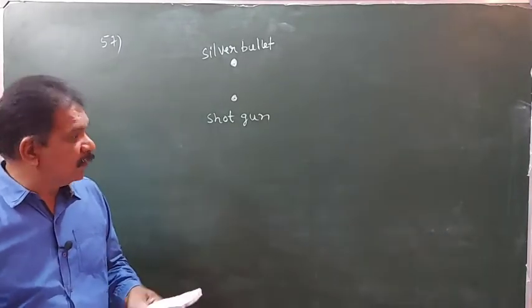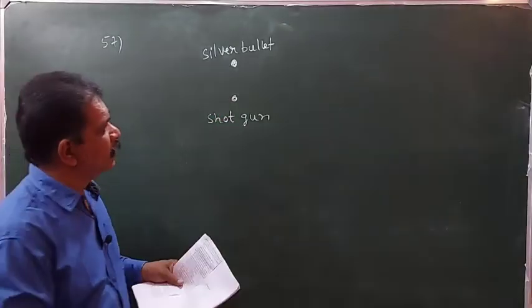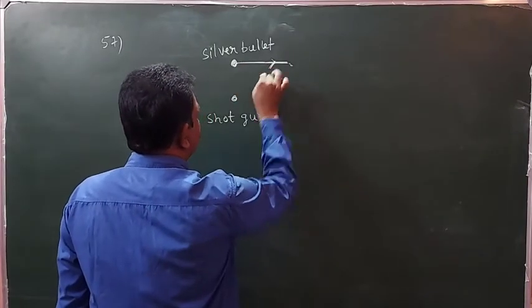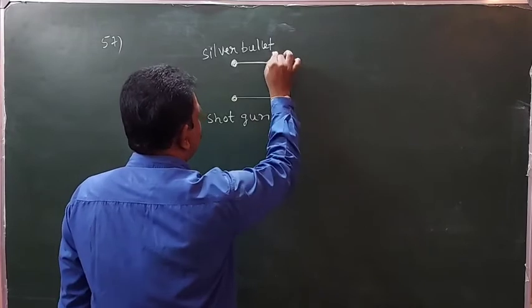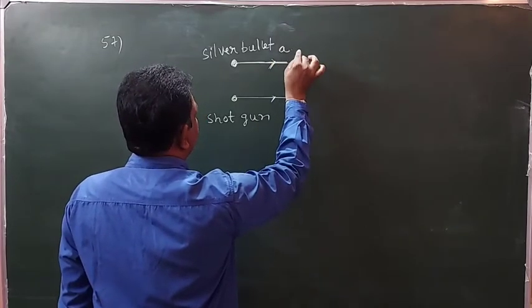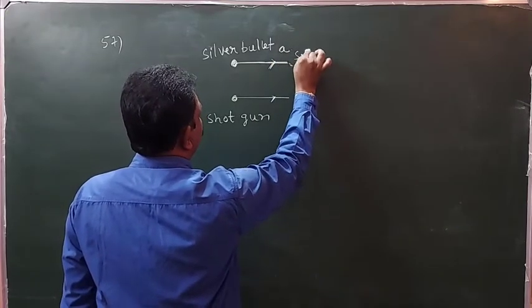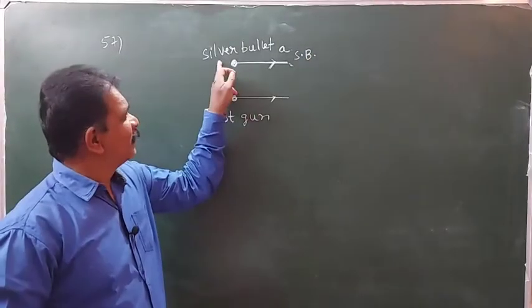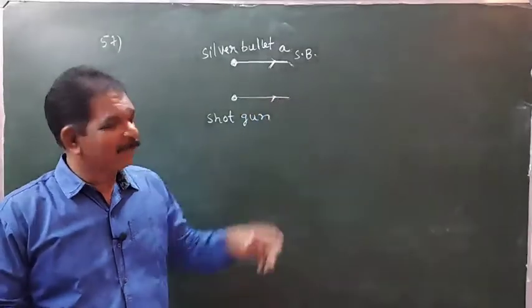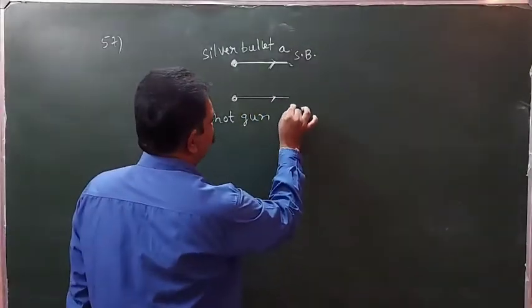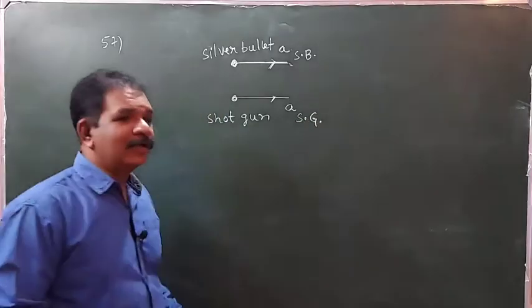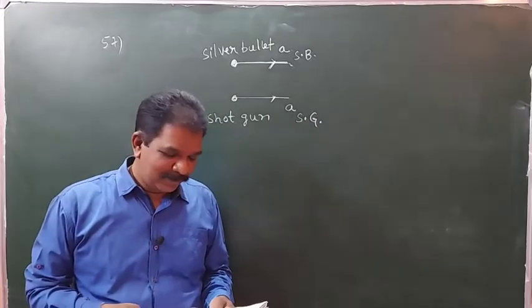Both are moving with constant acceleration. Let the acceleration of Silver Bullet be A_SB, and I am assuming the acceleration of Shotgun is A_SG.